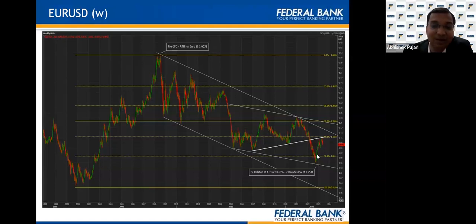So it fell below parity for the first time in the last 2 decades. Those are critical impacts of recession on a given economy and that particular currency.